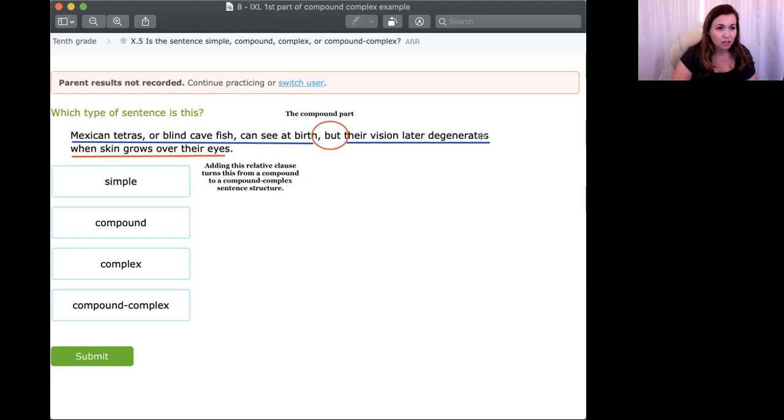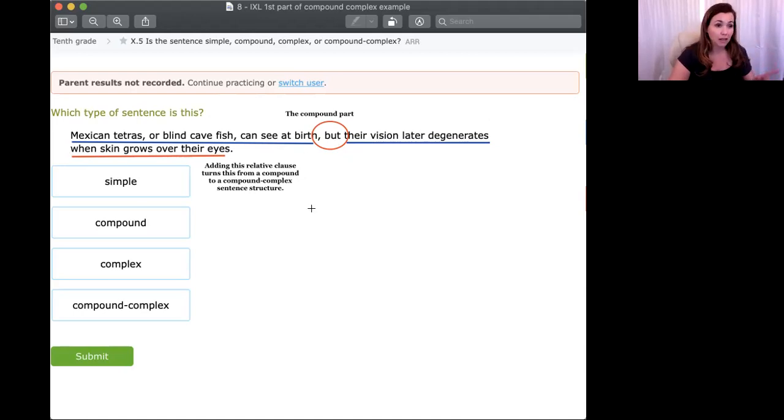That's an independent clause. And then I look at what's coming next. When skin grows over their eyes, that gives me more interesting information, but it doesn't have to be there, right? So this is called a relative clause, and it's adding information. Whether it has a comma separating it or not doesn't matter.